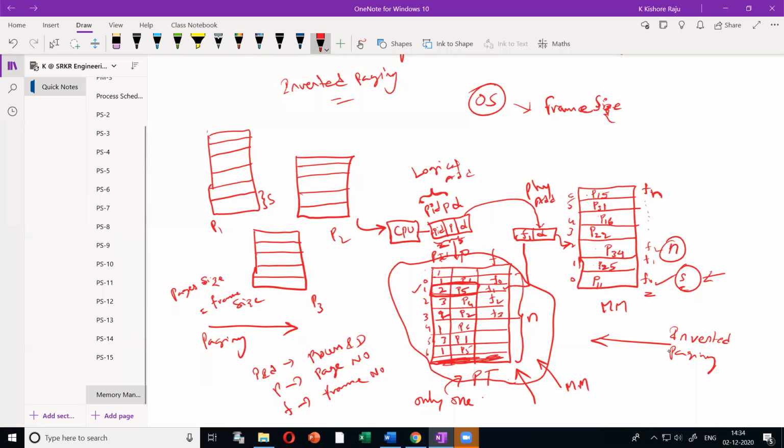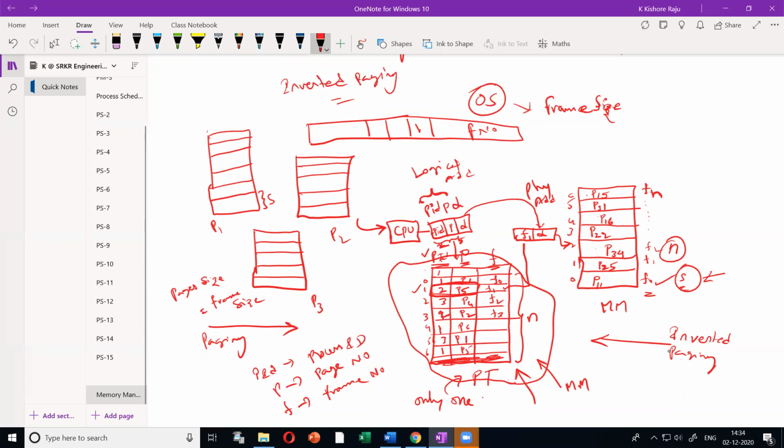Because it is common to all the processes, to identify uniquely to whom a page belongs, I have to add the process ID, page number, and the frame number, the three columns. Please remember, we discussed these three columns as part of the page structure. What are the other parameters? Frame number, process ID, and page number are the only ones here.